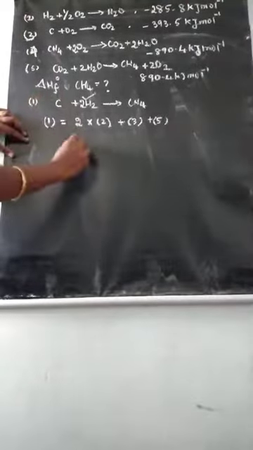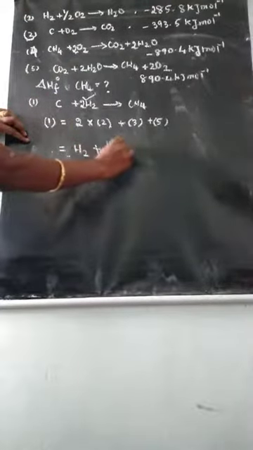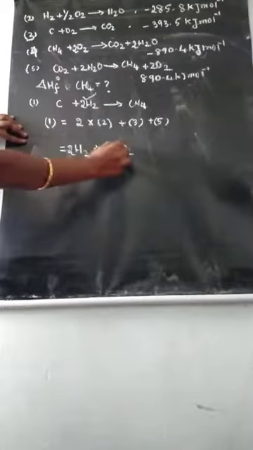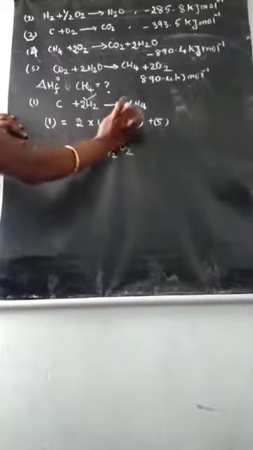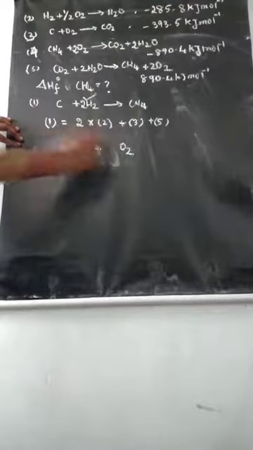Equation 2 is H2 plus half O2, into 2. Into 2 means 2H2, and here O2. So you will get the answer 2H2 plus O2. This is the left side.